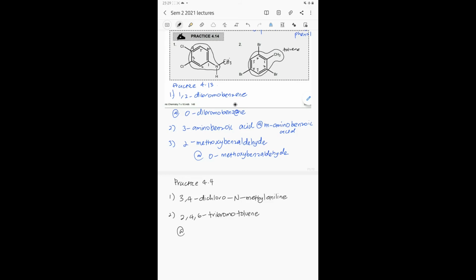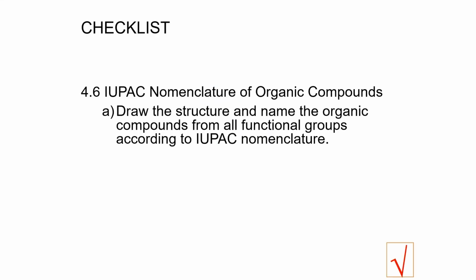Or if you don't want to use toluene, you can name it as 2,4,6-tribromomethylbenzene. Also correct.